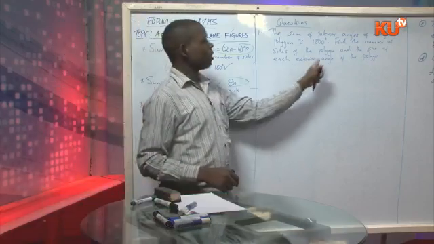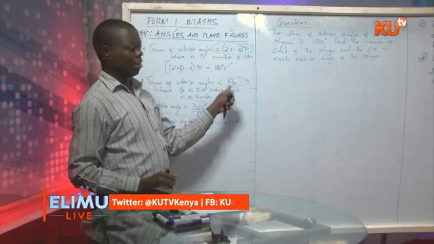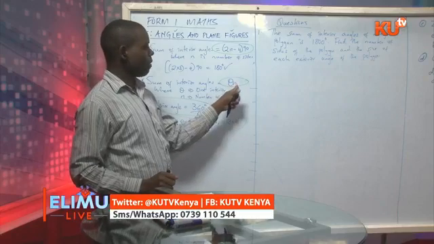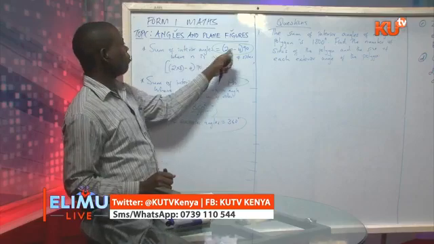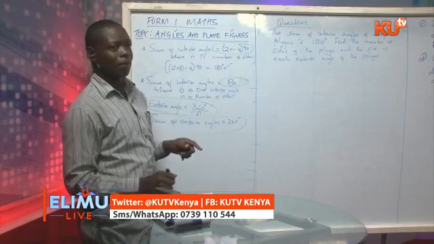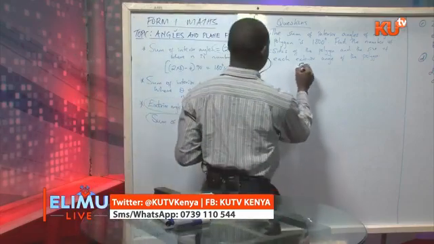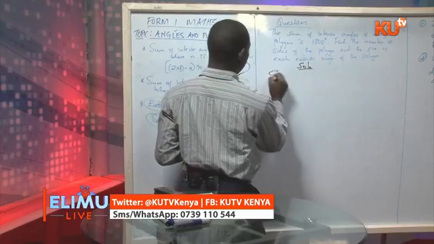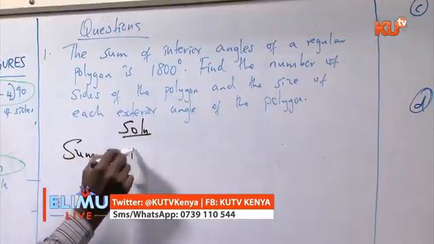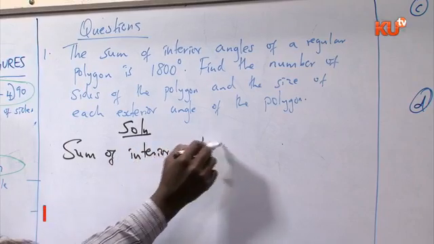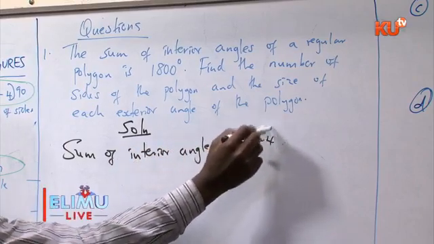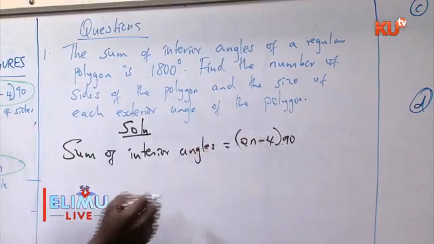Because one of the things asked is theta. So we don't have theta and we don't have n. So what we have to do is work it out with the first formula, that the sum of interior angles is (2n − 4) × 90.